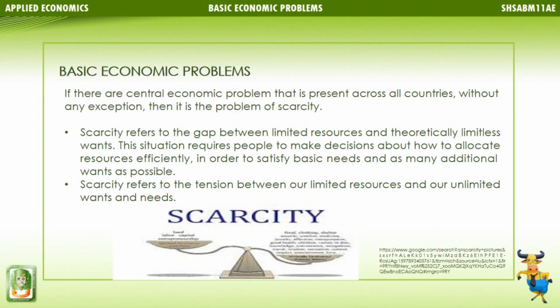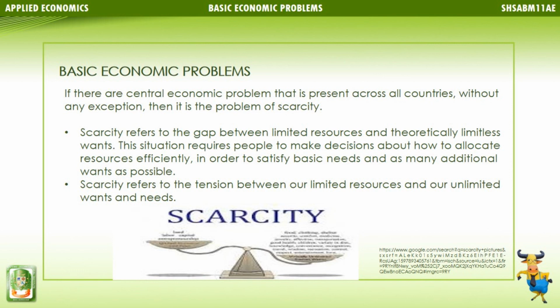Basic economic problems. If there is a central economic problem that is present across all countries without any exemption, then it is the problem of scarcity. What is scarcity? Scarcity refers to the gap between limited resources and theoretically limitless wants.